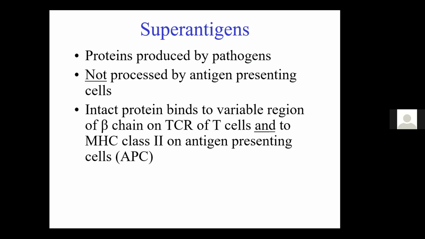These antigens never require to be processed and presented by the antigen presenting cells to the T cells, but rather the intact protein or antigen binds directly to the variable region of the beta chain of the T cell receptor. So it's more of a direct way to reach the T cells by interacting with the T cell receptors, as opposed to being coupled with an MHC molecule at the start. So that is what happens with the superantigen.